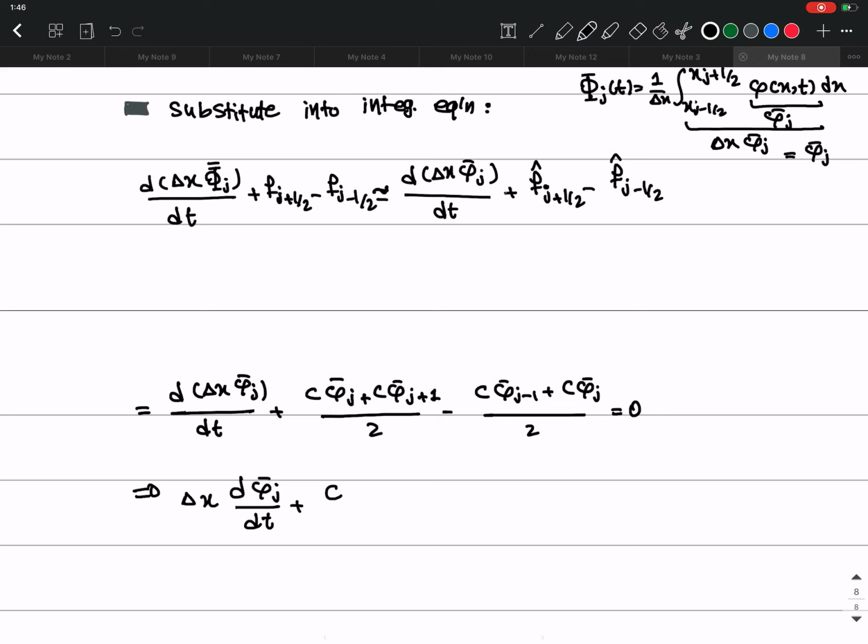So these two terms are going to cancel out, this term and this term. It's going to be phi bar j plus 1 minus c phi bar j minus 1 over 2 equals to 0. Okay?